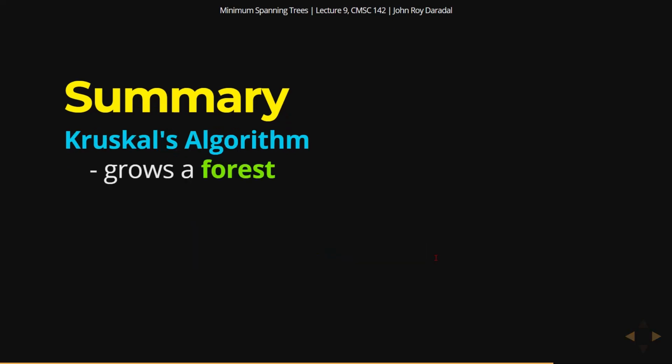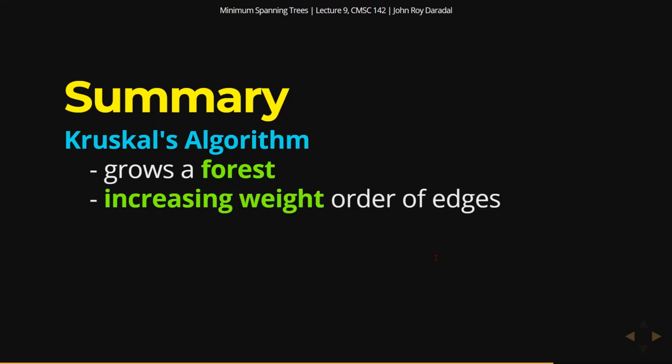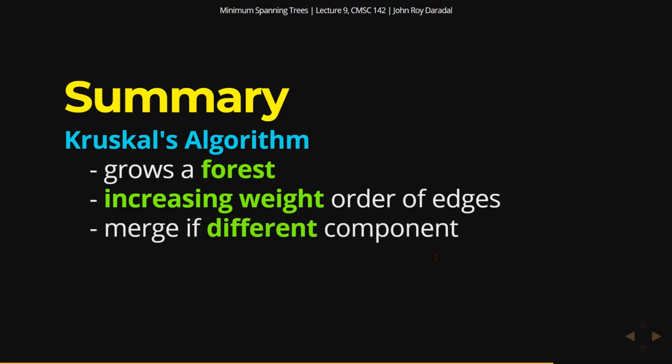And then for Kruskal's, it doesn't start with a particular vertex, it just starts with all vertices as their own components, and it will grow a forest, right? So there could be multiple spanning trees at once, and then we merge them eventually into one. We do this by sorting the edges in increasing weight order, then looking at them one by one, and deciding whether to merge them or not.